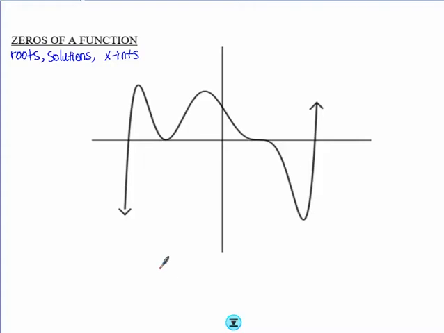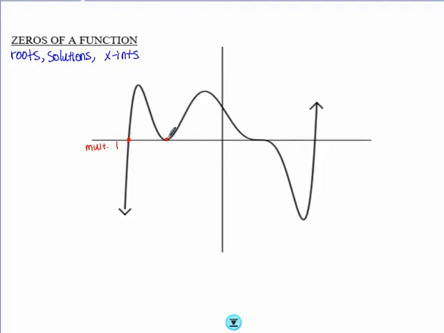First, this zero here, since the graph goes straight through the x-axis, this one probably has a multiplicity of 1. Because the graph goes straight through the x-axis.